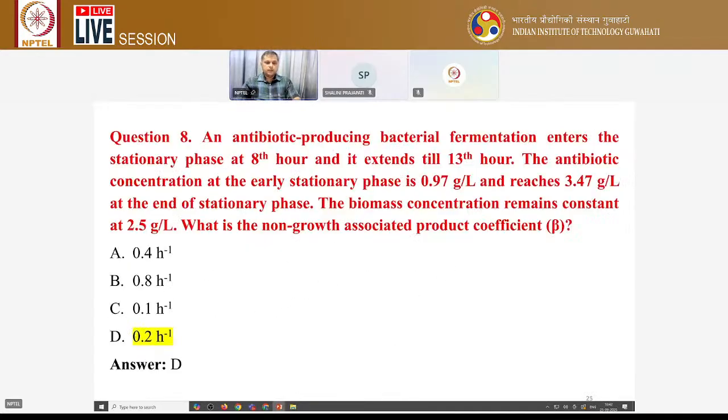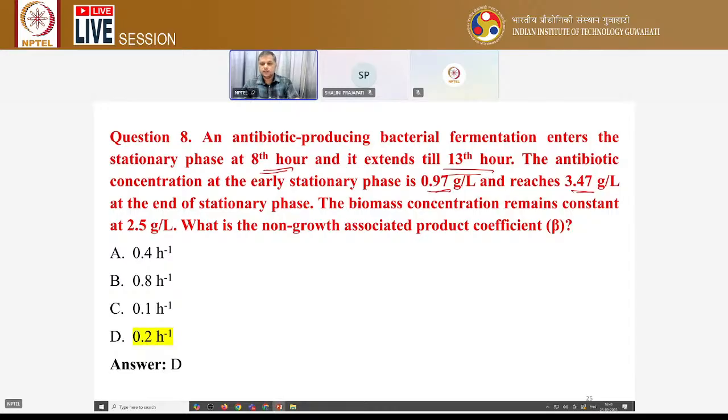Our next question is, an antibiotic producing bacterial fermentation enters the stationary phase at the 8th hour, and it extends till the 13th hour. The antibiotic concentration at the early stationary phase is 0.97 gram per liter, and it reaches 3.47 gram per liter.